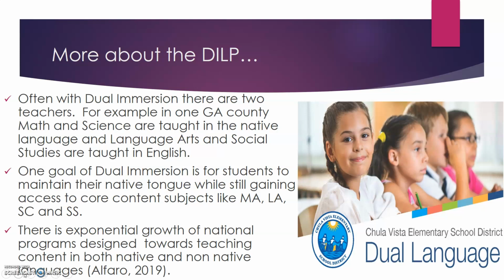One goal of the dual immersion program is for students to maintain their native tongue and their culture while still gaining access to the core content subjects like math, language arts, science, and social studies. A review of the literature has shown that there is an exponential growth of national programs designed towards teaching content in both the native language of the student and the non-native language.